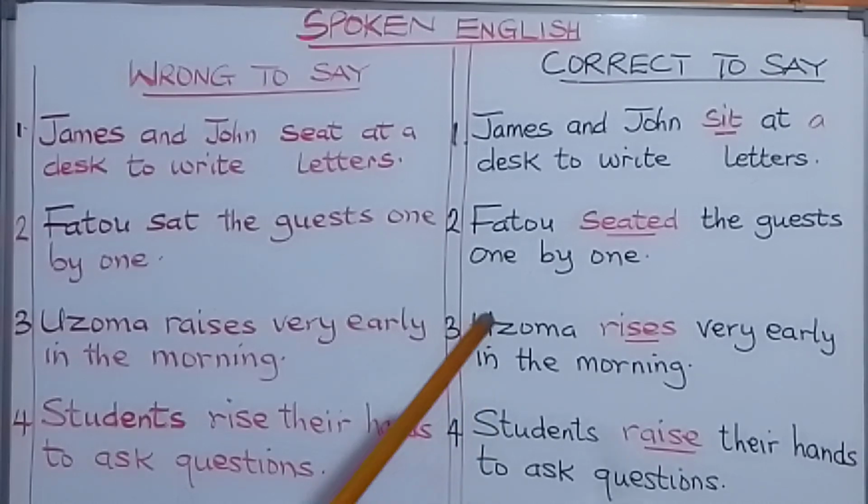That's why you say Uzoma rises very early in the morning. Rise means to go up, stand up, or to get out of bed. So it does not require an object.